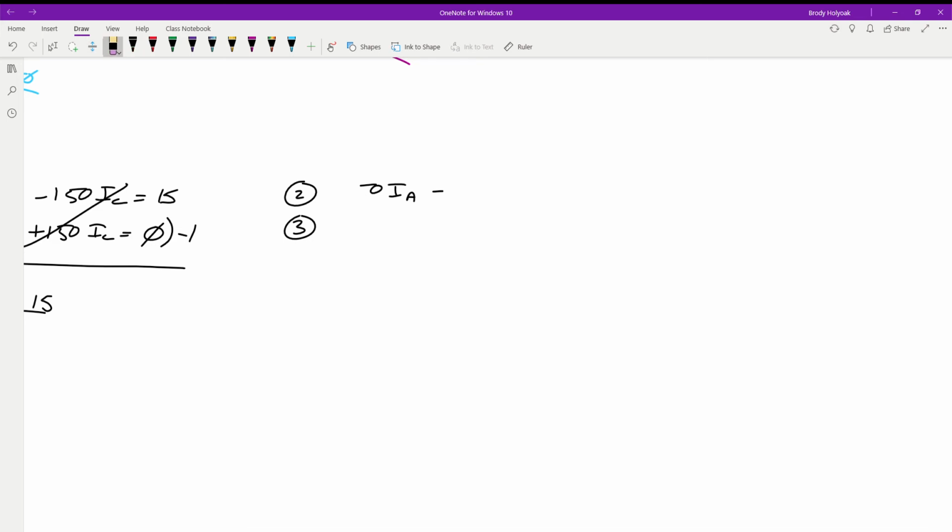We can do it either direction. I flipped them in my notes, I did a different set, but it doesn't really matter which set we do.